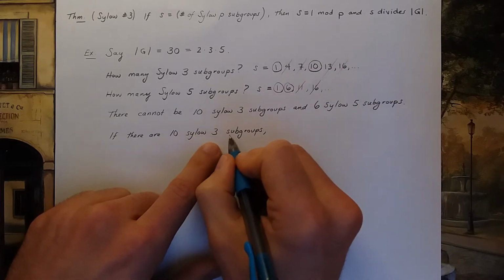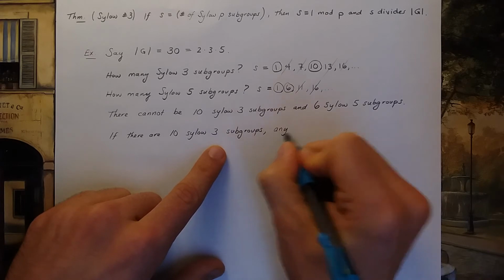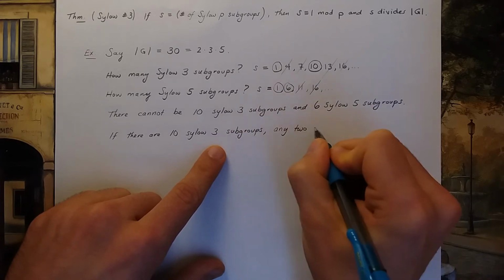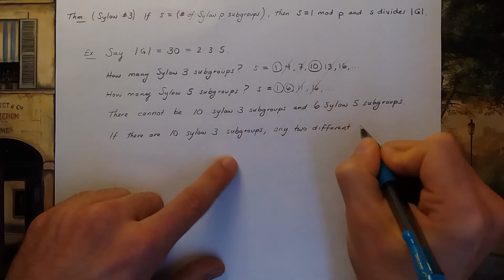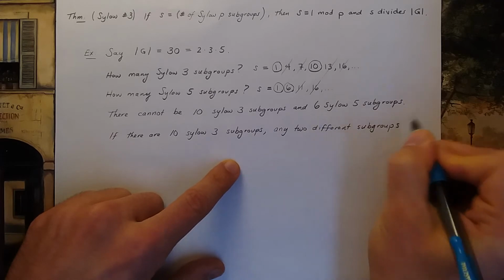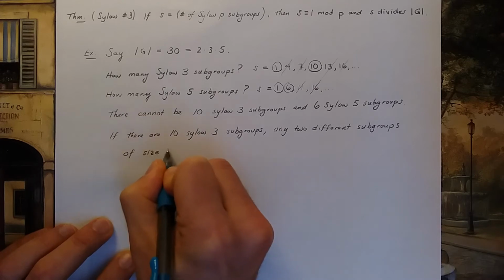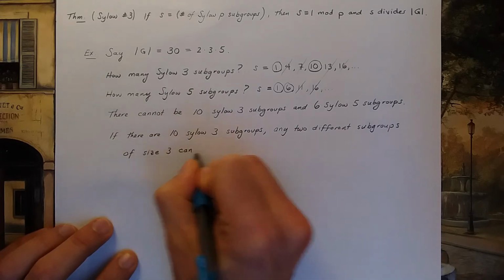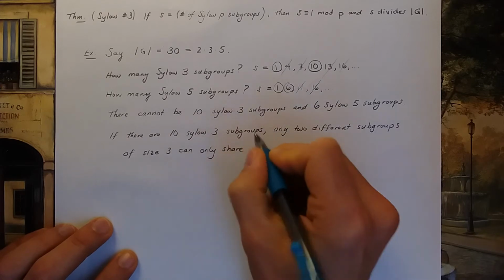If there are 10 Sylow 3 subgroups, any 2 different subgroups of size 3 can only share the identity.